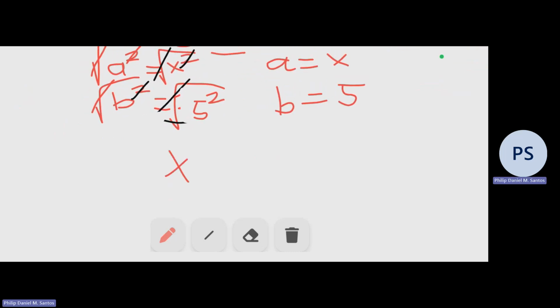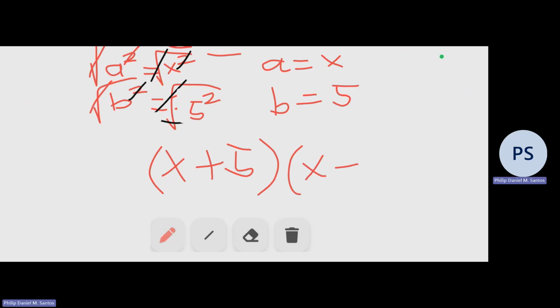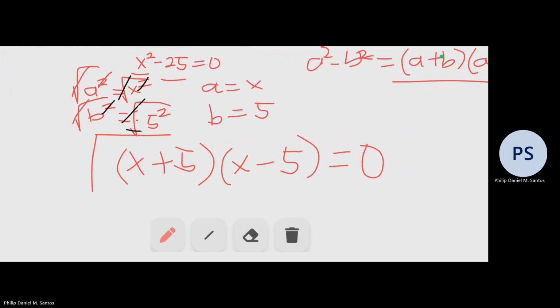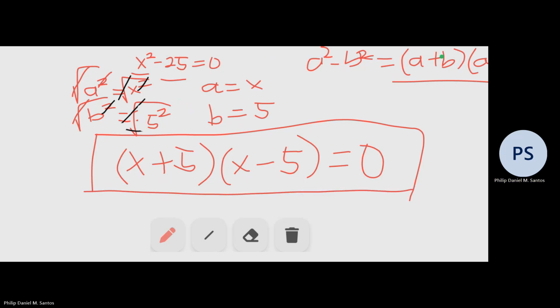A is equal to X, so X, and B was 5. So 5. Then, same thing, but now it's subtraction. X minus 5 and equal to 0 again. We're done. It is finished. This is the final answer.